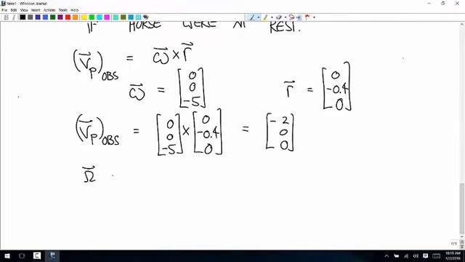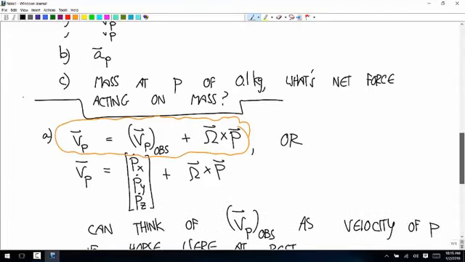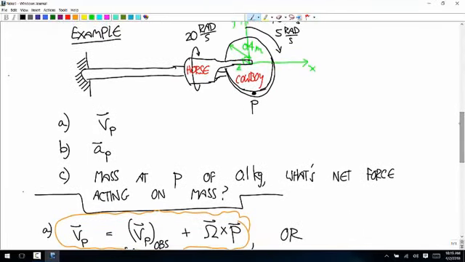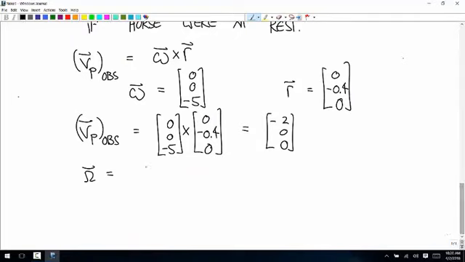So what's the angular velocity of the coordinate system? Yeah, that's negative 20 in the x direction, 0, 0. And then what's the position vector?